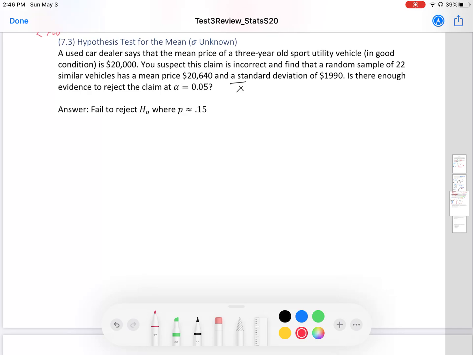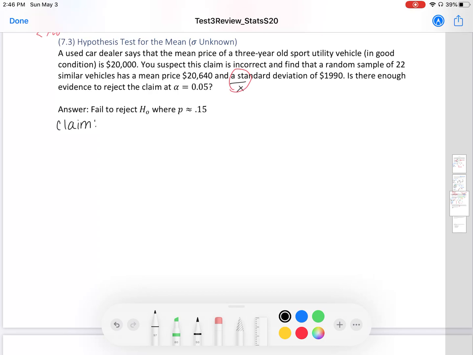All right, now I wrote an X there because notice there's no population standard deviation. So we're given our sample standard deviation, and that's what makes this type of question unique. We're going to use a calculator for this type of problem, but whenever we're working with a hypothesis test, we have to make sure to state our claim, our null, and our alternative hypothesis.